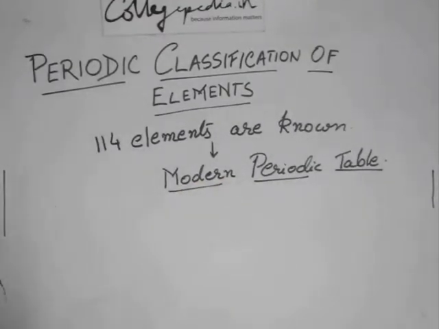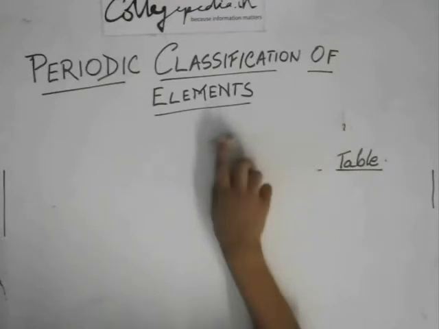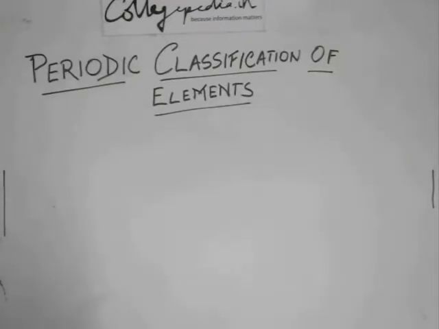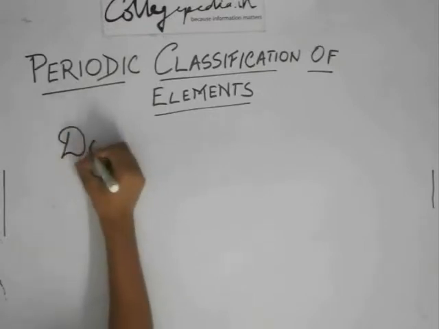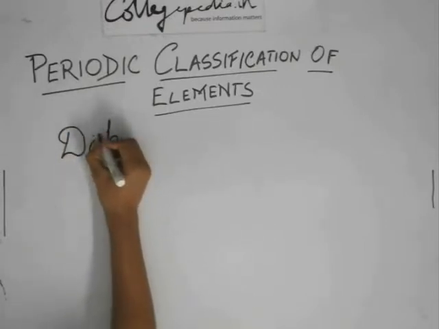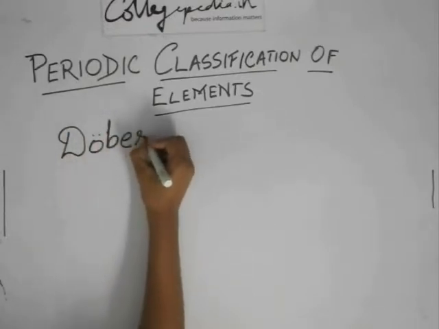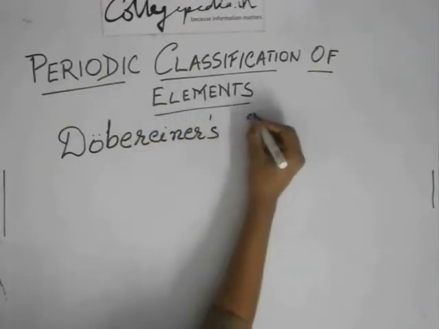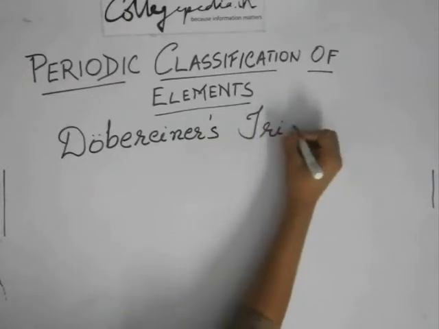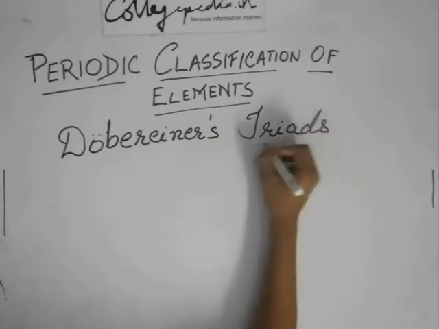So the first person to do this classification was Dobereiner, and he classified them as Dobereiner's triads.